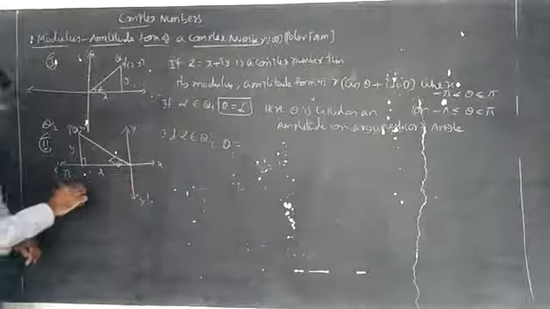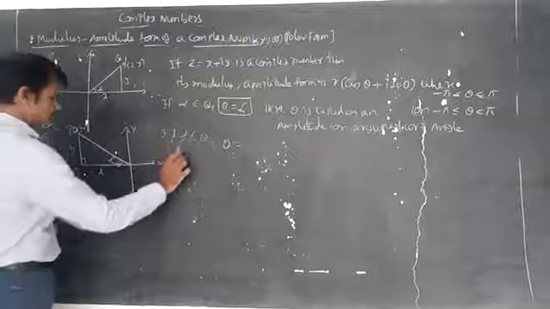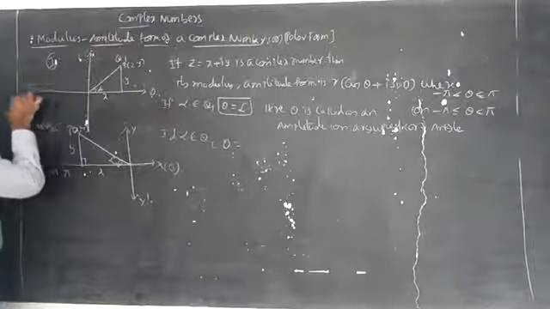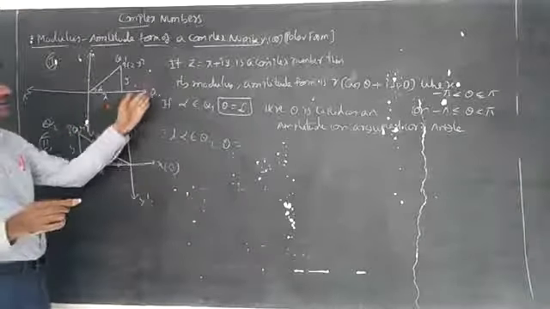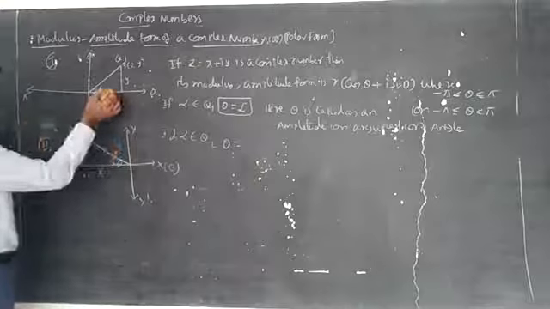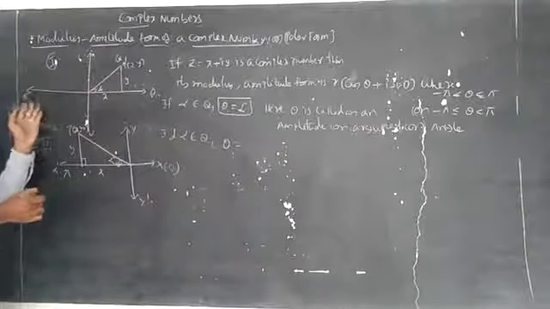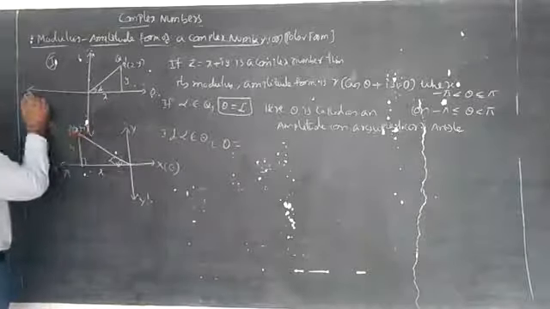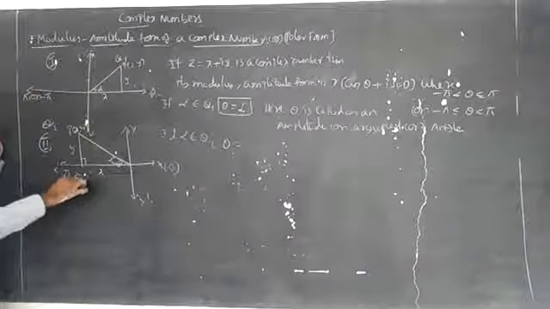This is pi. This is 0, this is pi. If you take the angle in the positive direction, this is 0 to pi. If you take the negative direction, this is 0 to minus pi. That is why I am discussing pi or minus pi with you.